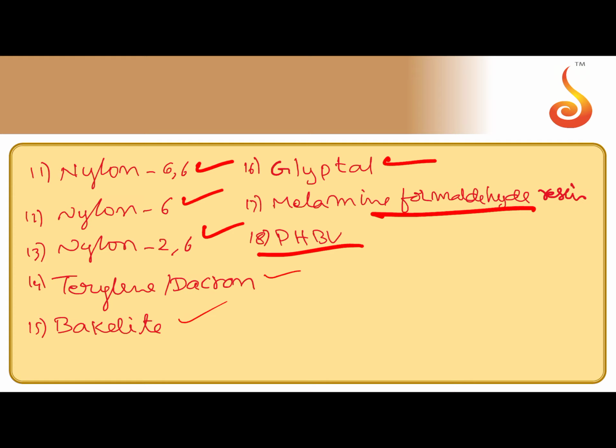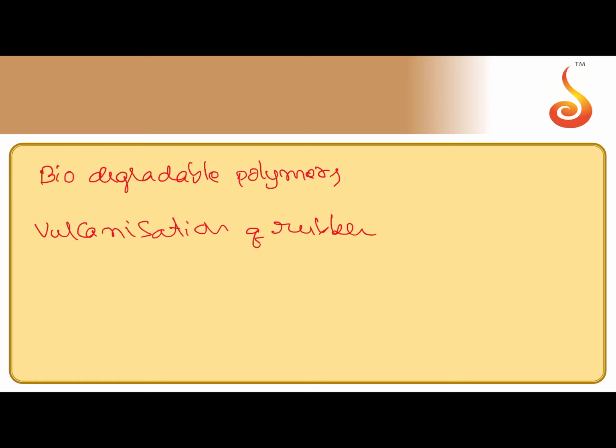Collect all types of polymers. For each polymer, you have to collect the monomers as well as how to write the repeating unit. In the examination, they may ask the repeating unit of so and so polymer, or what are the monomers present in a given polymer.